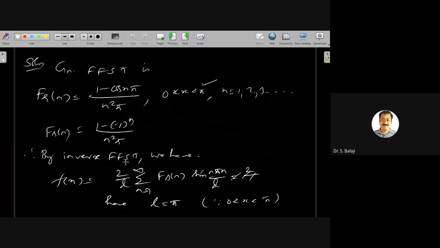Therefore, by inverse finite Fourier sine transform, we have f of x equal to 2 by L summation n equal to 1 to infinity Fs of n into sin n pi x by L.